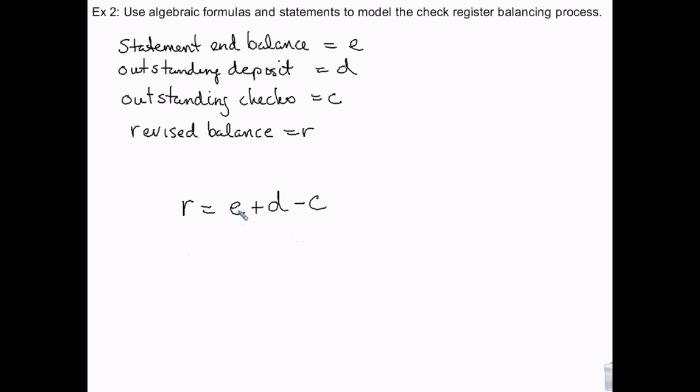So ending plus deposits minus checks. And this we want to equal the check register. That's what we want. We want it to equal the check register.